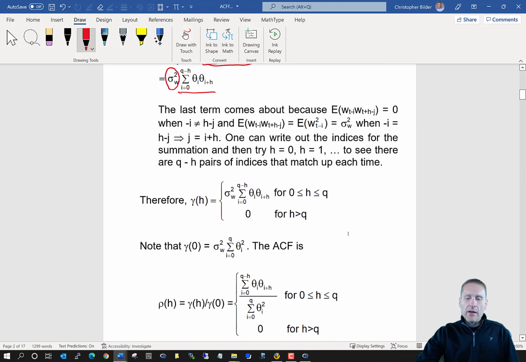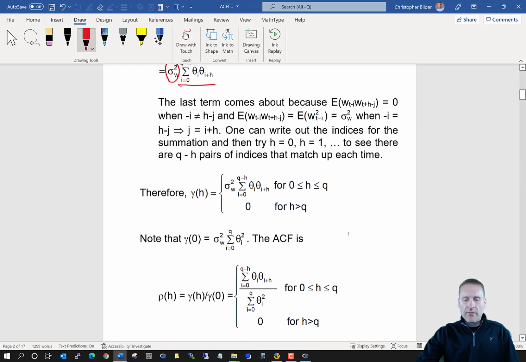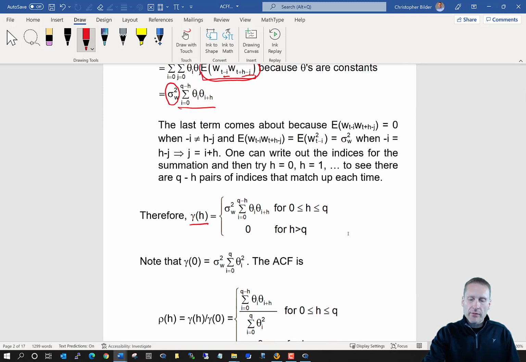Okay. So what that means for us is that our autocovariance function is written like this. And this goes up to a lag of q. Because once we get past a lag of q, let's say q plus 1, we are no longer going to have these subscripts match up for the w's.